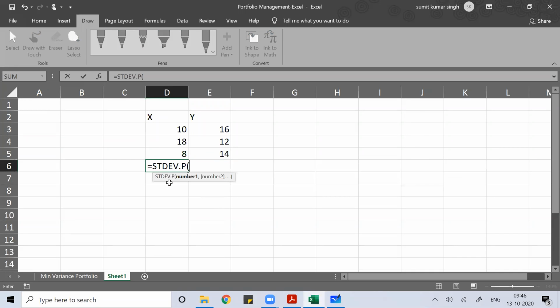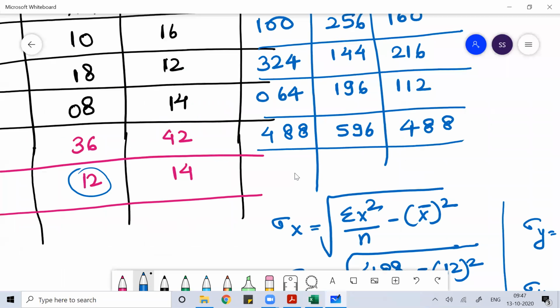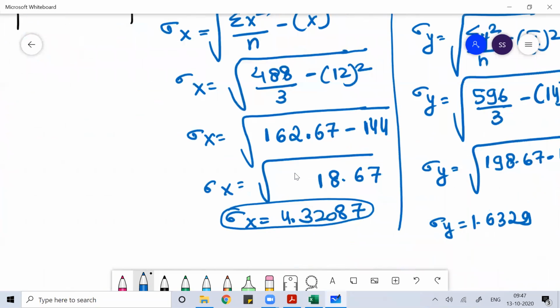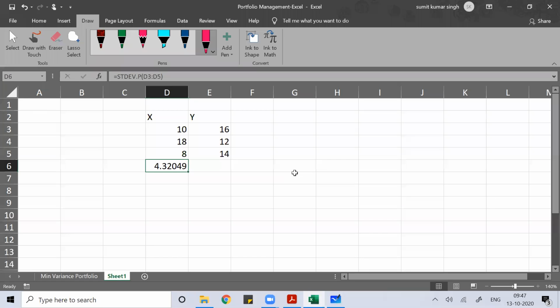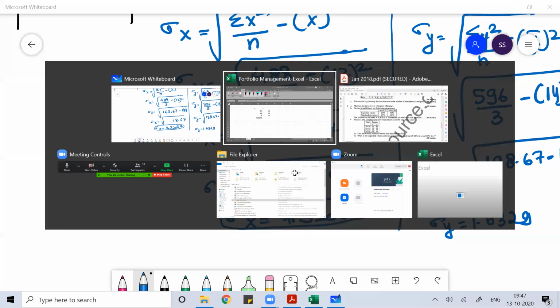So what is the standard deviation on x? The standard deviation on x is 4.32049, correct only.